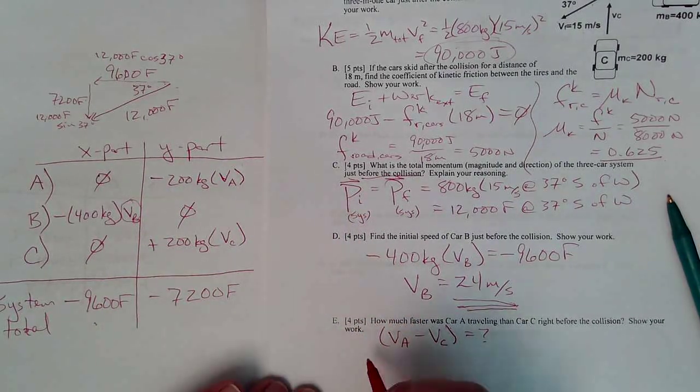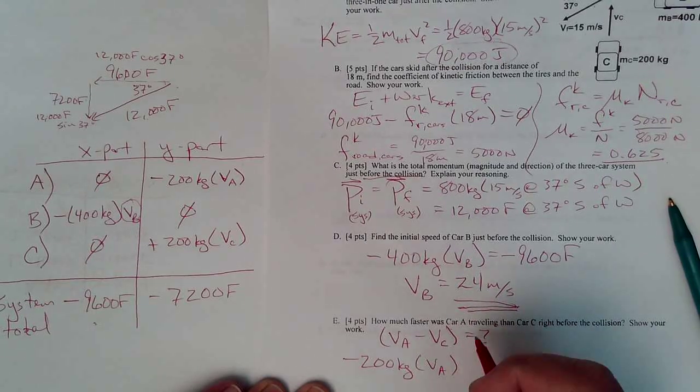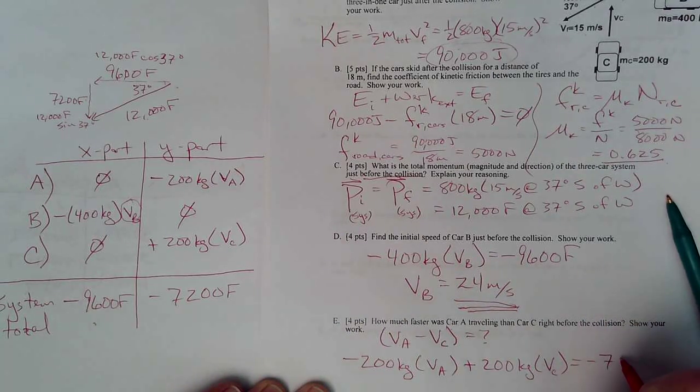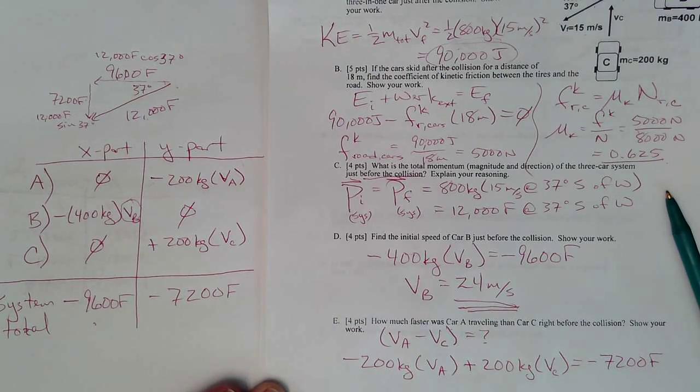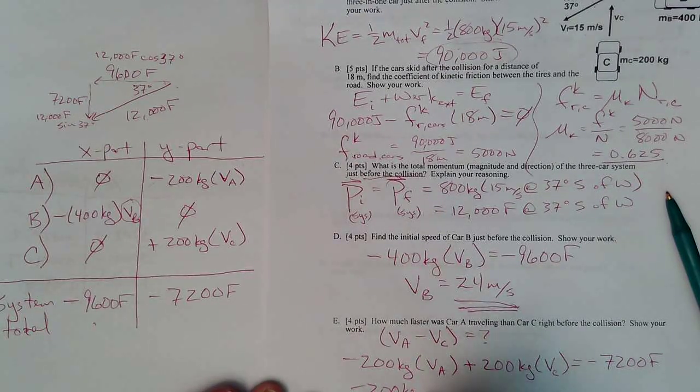If I add up that y column, I get minus 200 kilograms times VA plus 200 kilograms times VC is equal to minus 7,200 kg·m/s. Well, if I pull out a negative 200 kilograms from each of these terms, I'm going to get a VA here, and I'm going to get a minus VC here.